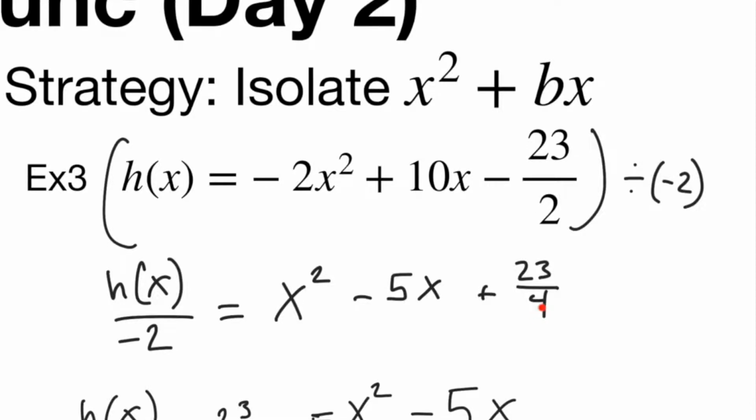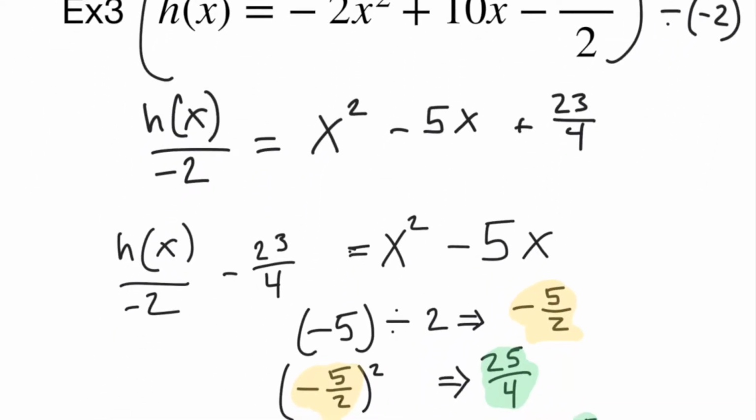It's the same thing as multiplying it by negative 1/2. Then I'm going to bring the 23 fourths over to the other side. 23 fourths over the other side, we get this, and now we have x squared and a bx over here.